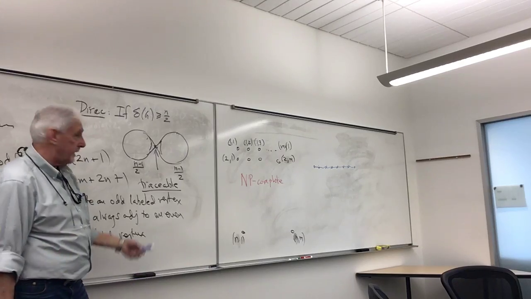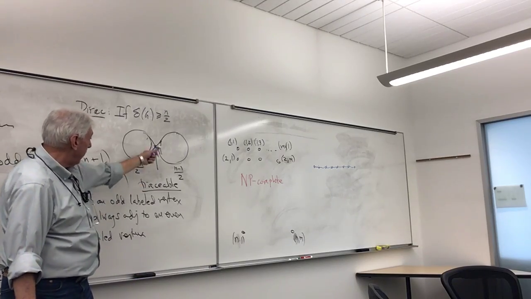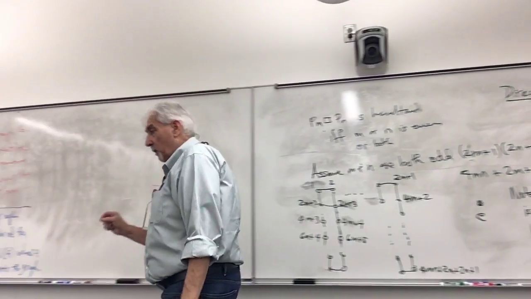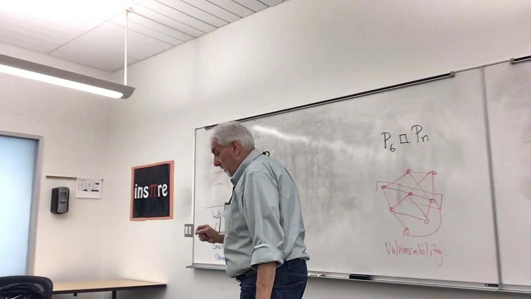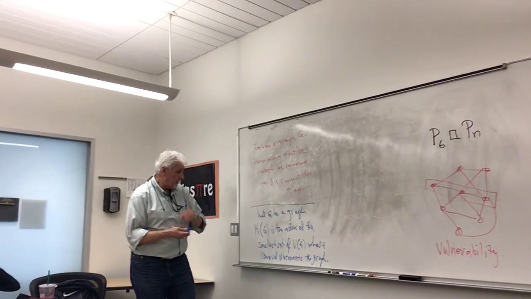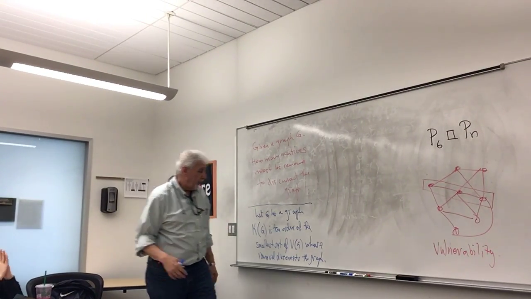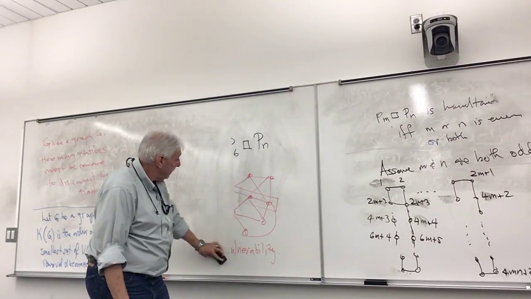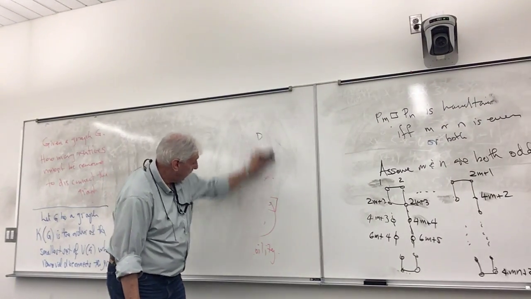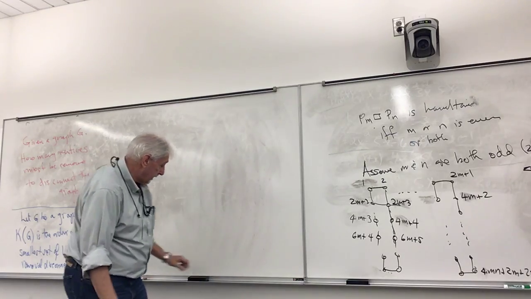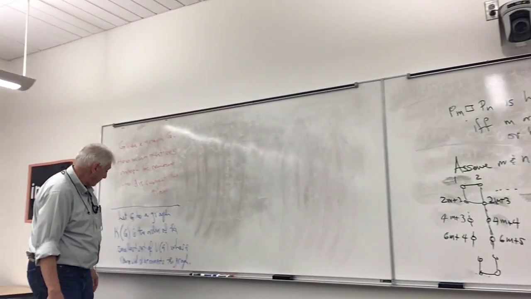That's a lot of edges in itself, and this vertex is adjacent to everybody. But if I remove that vertex, then the graph is disconnected. So edges aren't the sole parameter that's going to help us decide how connected a graph is.